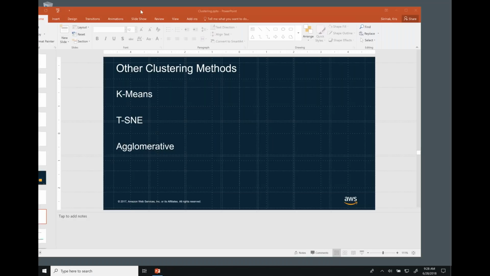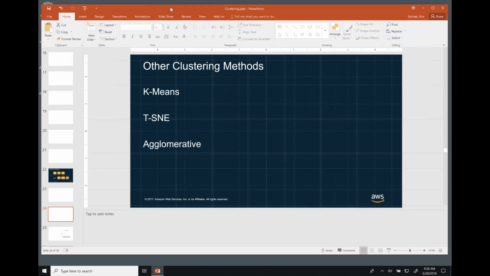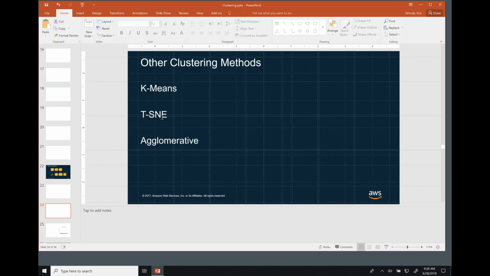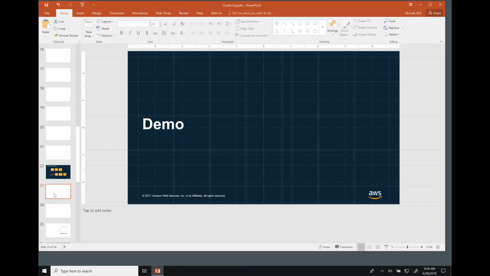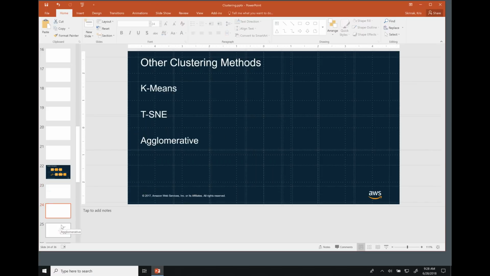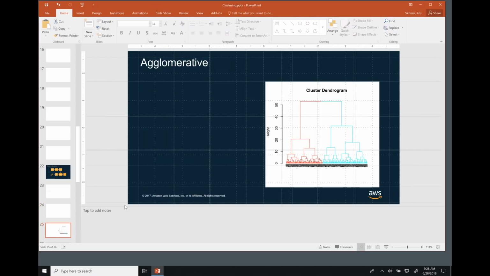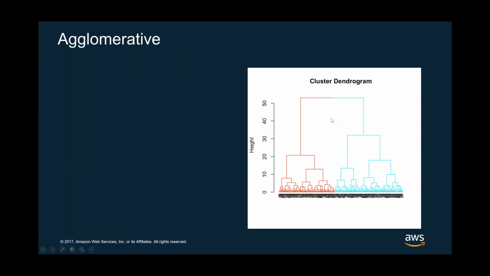One more thing I would like to mention, these are not SageMaker built-in algorithms, but t-SNE, of course, is available through TensorFlow and other frameworks. Also, in scikit-learn, I'd like to mention briefly agglomerative clustering. Agglomerative clustering can be very useful in demographic analysis because it is hierarchical.